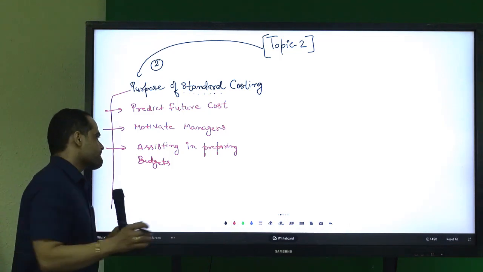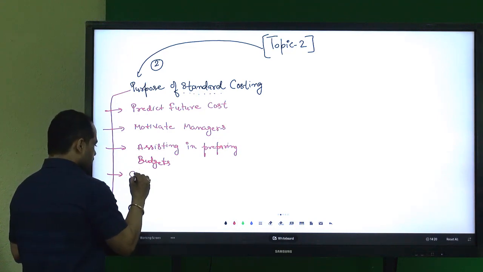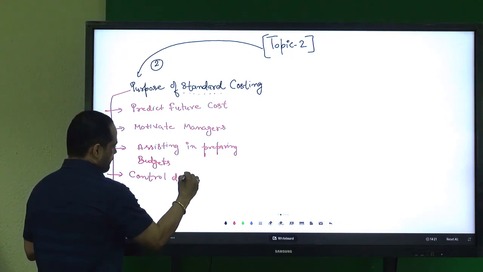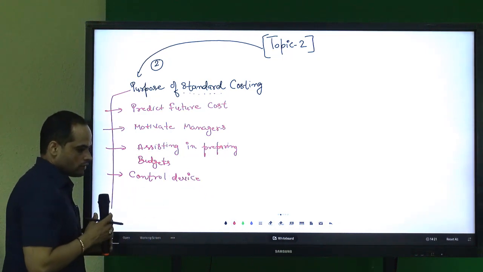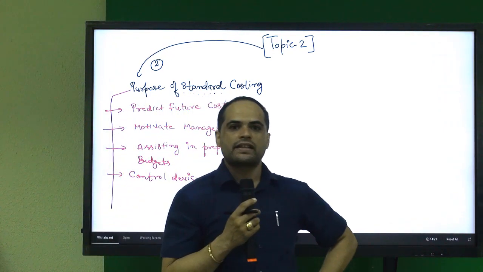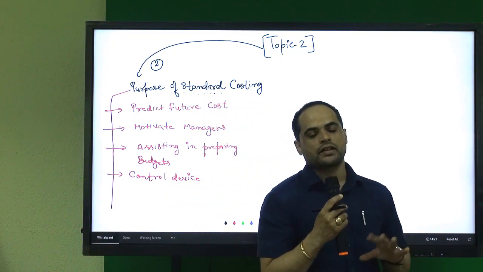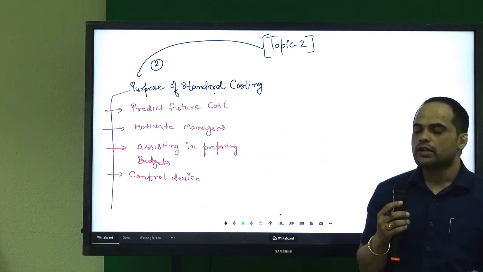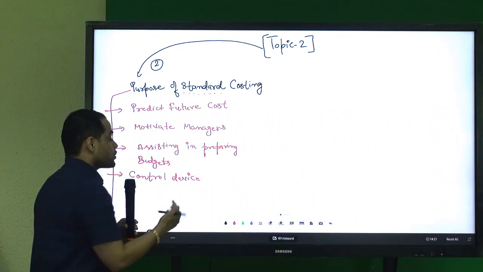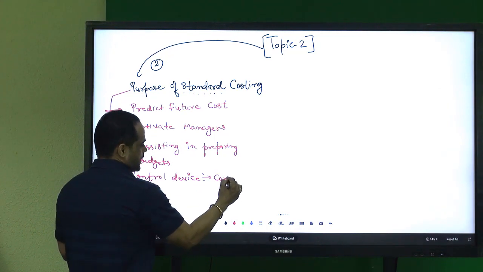And standard costing is a control device. Control device means we supervise all the activities and transactions that occur in our organizations. How do we know it's a control device? Because of the corrective actions.